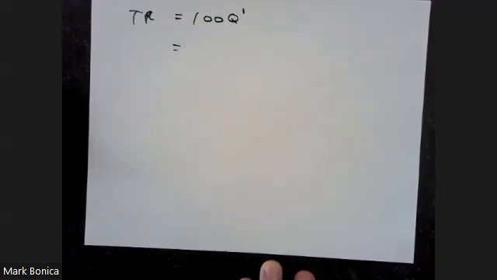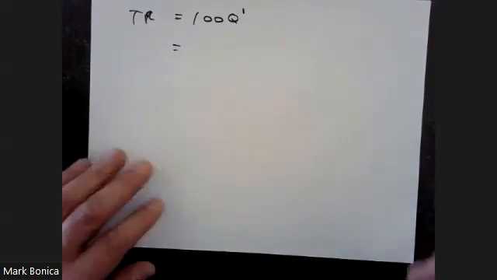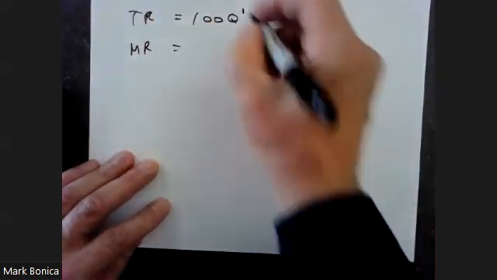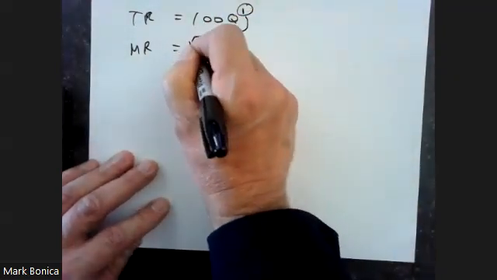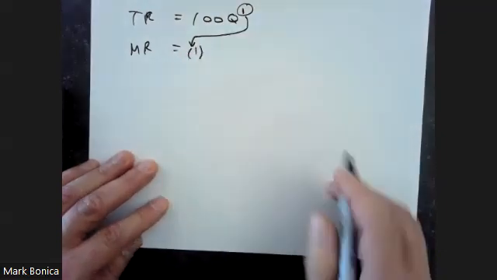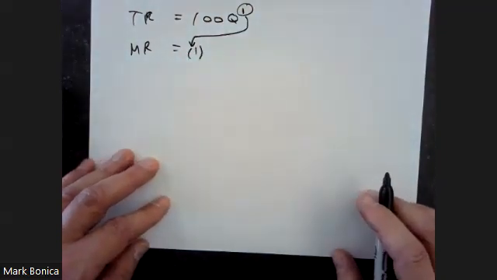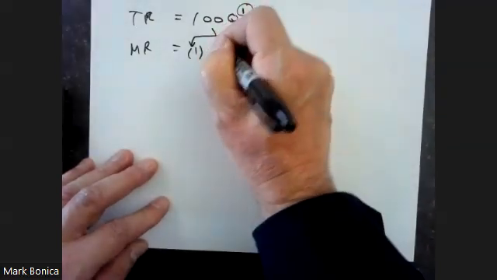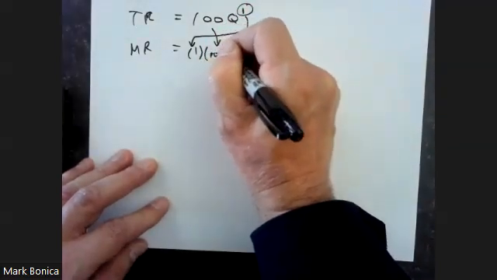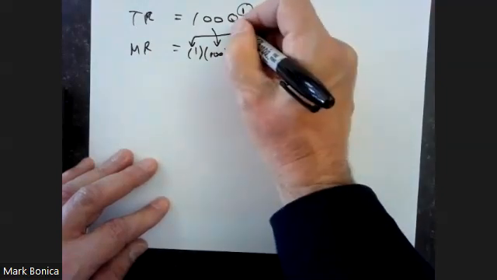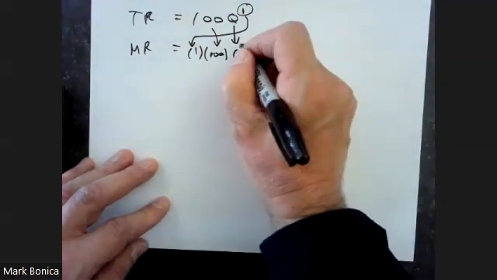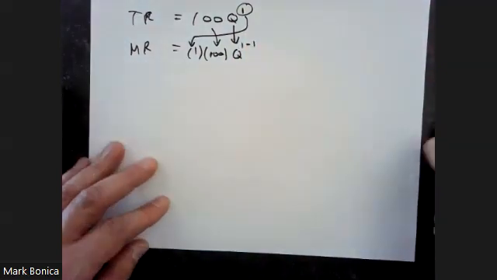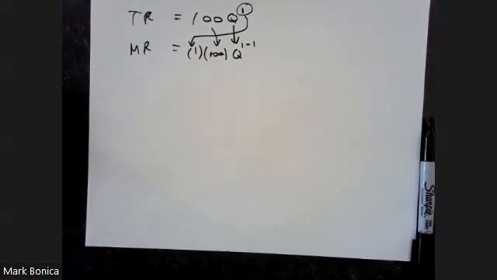This is called the power rule. I want to find the marginal revenue. What I'm going to do is take the exponent and bring it down and put it in the first term. Then I'm going to bring the coefficient down. Then I'm going to bring the variable down and subtract 1 from its exponent.